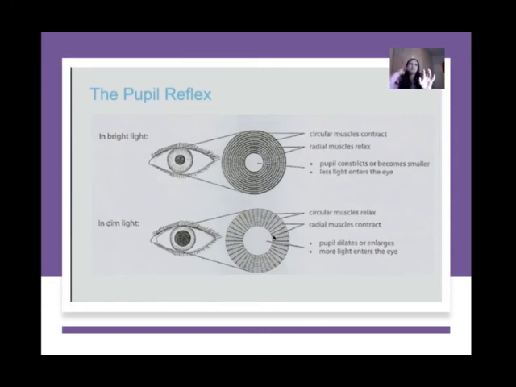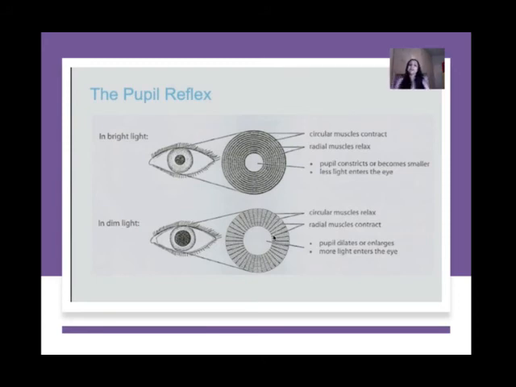So what is the function of our iris? It allows only a certain amount of light to enter into our eye so that we do not harm our retina in any way. Now the two types of muscles that we find in the iris, the radial and the circular muscles, are known as antagonistic muscles.